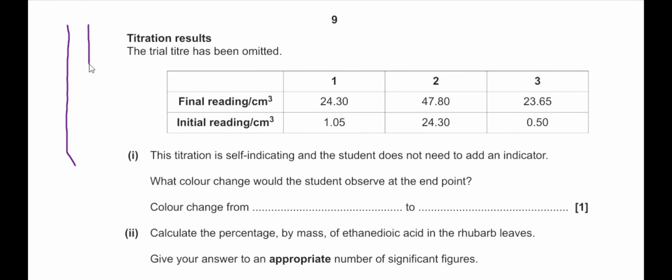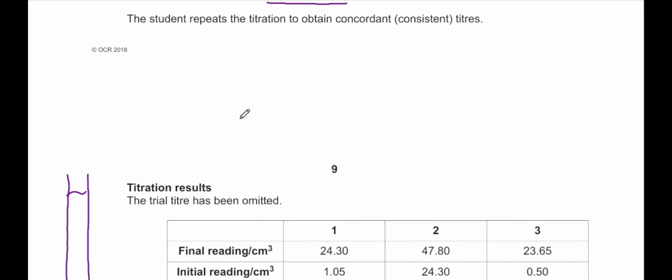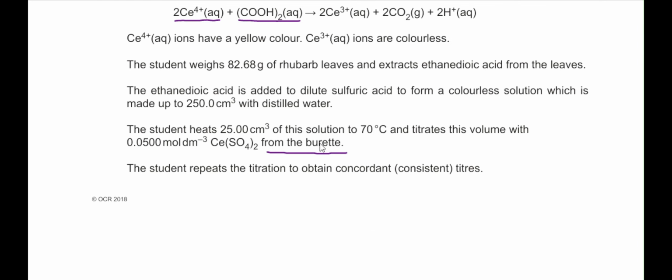Okay, let's draw a small sketch to make it clear. So we have a conical flask here. There is one solution here and there is one solution from the burette. Now think about, in this case, what was the solution taken in the burette? Looking back into the question, I remember I underlined it. Yes, see, with the Ce(SO4)2 from the burette.